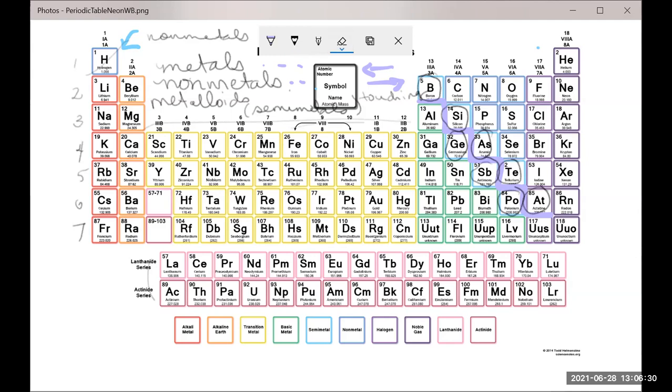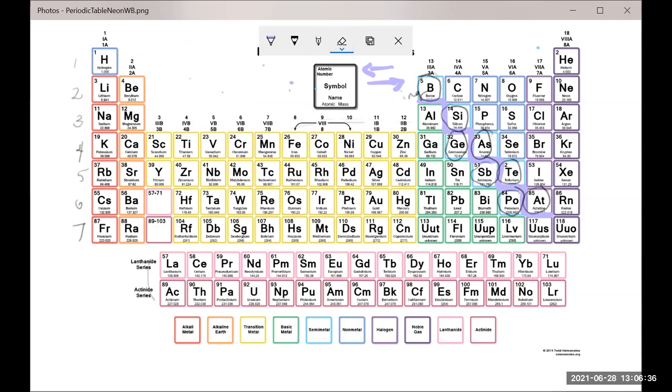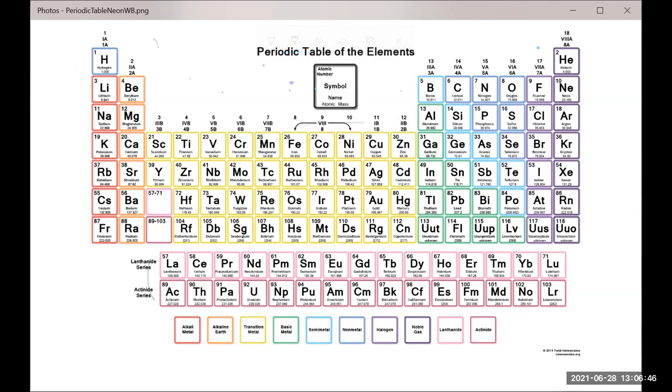It turns out the reason we put these elements into the periodic table in a family is that a family has similar reactive behavior. So families undergo the same reactivities.